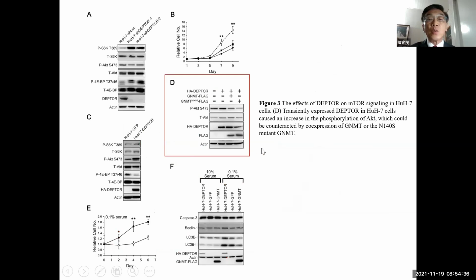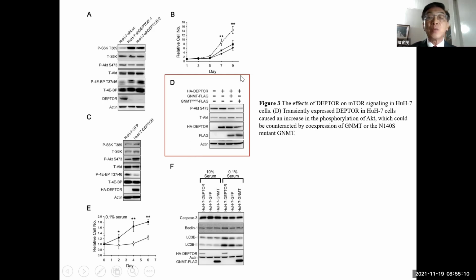In addition, we produced a GMT mutant form, because previously people found an inherited congenital deficiency of GMT, a point mutation at amino acid 140 of GMT. This mutant form of GMT loses 95% of its enzymatic activity, but its three-dimensional structure remains quite similar to the wild type GMT.